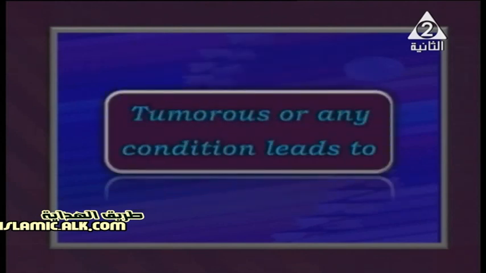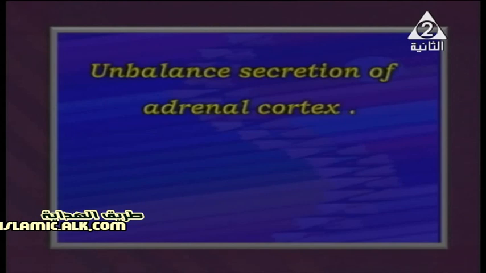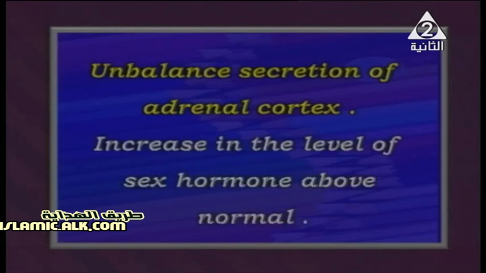Tumors or any condition that causes what? That may cause unbalanced secretion of the adrenal cortex, and also increase the level of the sex hormones above the normal level. That may cause other symptoms, which are what?